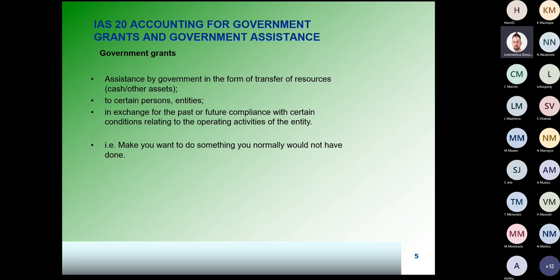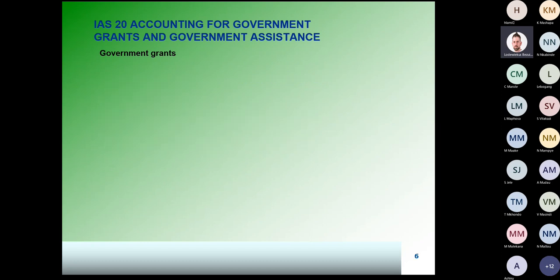So we need to use this building to train people if this is now with government grant, not assistance, or we must build a manufacturing plant and we have to use it for 5 years to employ more people to generate more workers that we can pay. All right, so all of this is government grants, and we would do something that we would normally not have done if we did not have this grant. All right, so government provides us with the resources to do it.